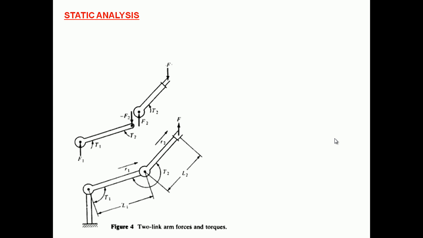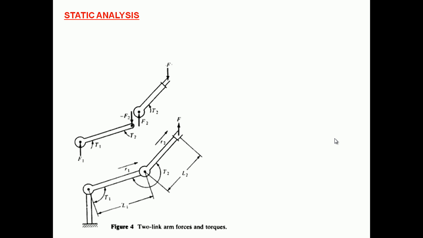So the next very important thing is the static analysis of the manipulator. Consider the same RR manipulator. I am taking the 2 link arm forces and torques diagram. How to draw this? F1, F2, and I am taking a static condition, so the sum of the forces acting on the system is equal to 0. Based on that, I am drawing this diagram.